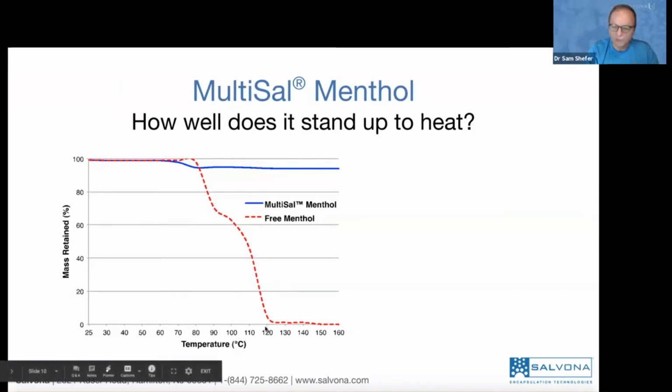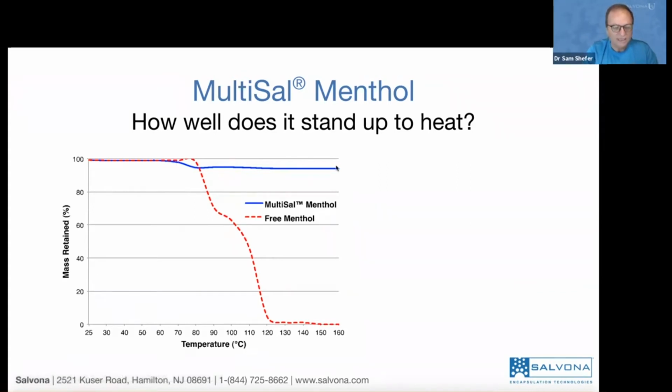By 120, you have no menthol in the sample. However, if you encapsulate it in MultiSal, you lose a few percent, but you get a straight high level of retention. This is the major benefit of MultiSal, heat stability. So every process that involves heat can benefit from this technology.